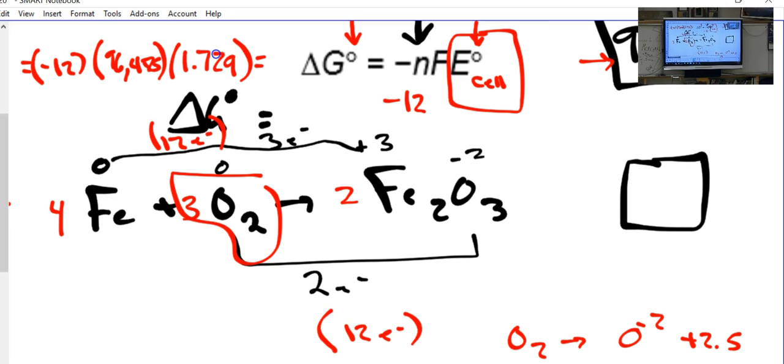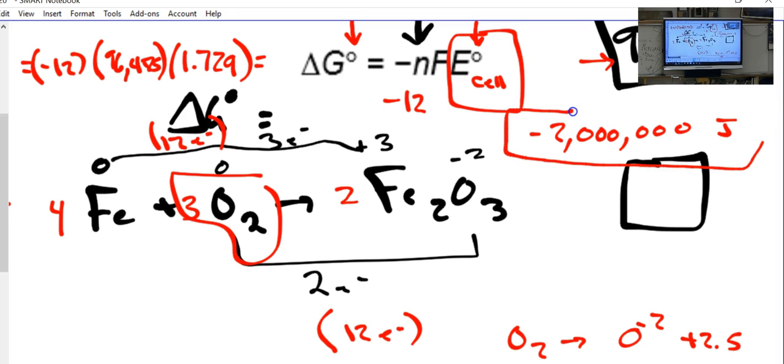Okay, what do we end up with? Negative what? 2 million. That's a big number. All right, and that's joules, because F is joules, eventually. Or 2,000 kilojoules, right? And it's a negative value.